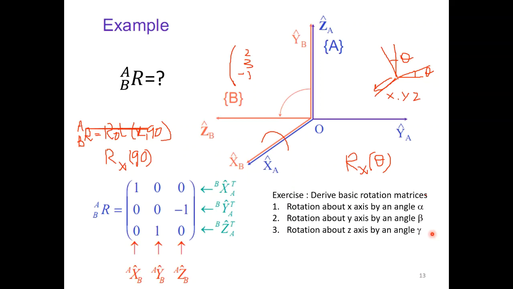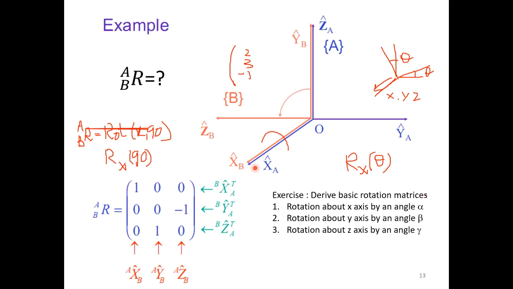So you derive it yourself, draw 3 diagrams. First one, like this, x-axis out of the board, and then y and z are there, and find out the rotation matrix. Then draw another diagram, this time with the y-axis out of the board, and calculate the rotation matrix. And then for the third one, draw another frame with the z-axis out of the board and calculate the rotation matrix.